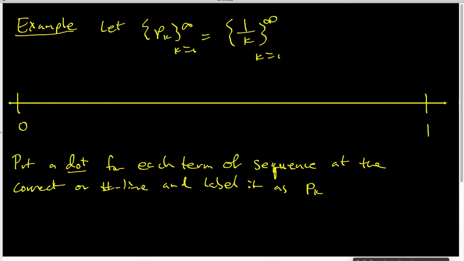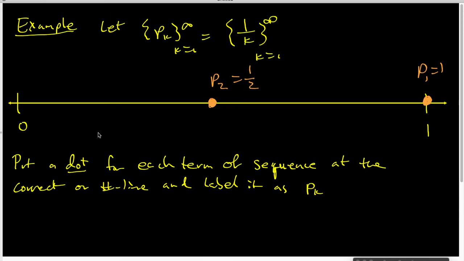So let's start looking at these particular terms. P1 is 1, so P1 is there. P2 is 1/2, so it's halfway between these two things. So this here is P2.